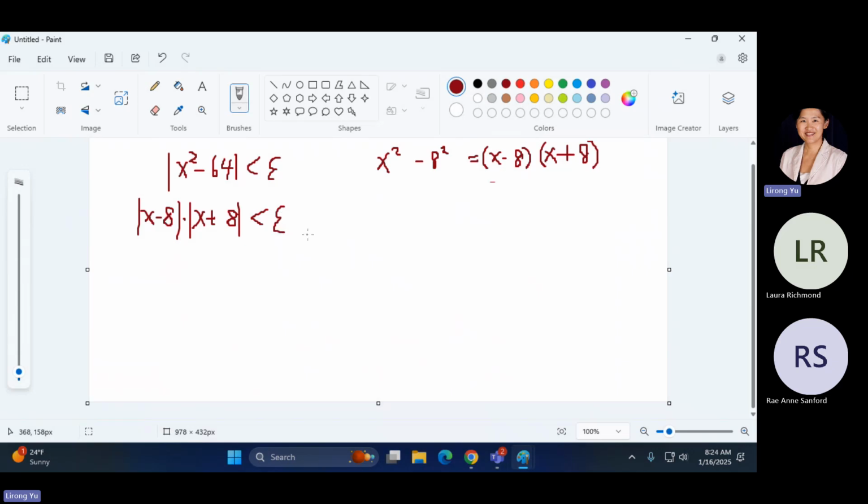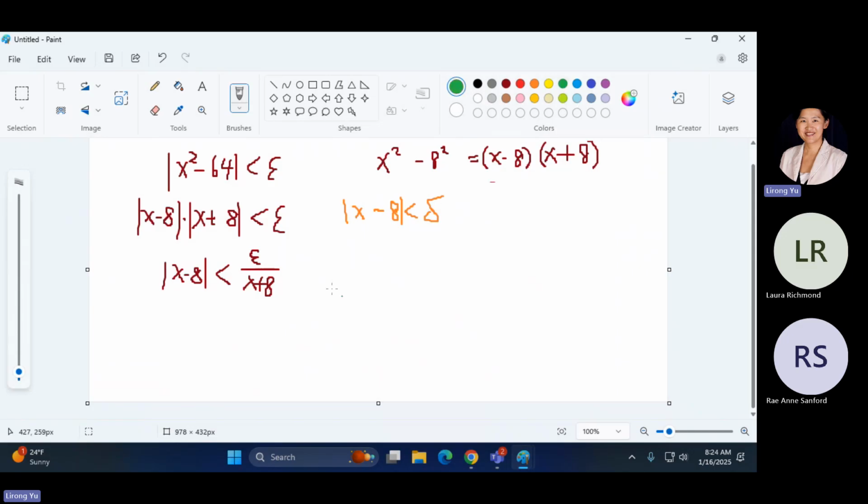Okay, so maybe we can use this for a multiplication or division format. And from this, because you know this is less than epsilon, immediately you can divide both sides by x plus 8. So you're going to have x minus 8 is less than epsilon over x plus 8. Right, this echoes the intended target, which is looking for absolute value of x minus 8 less than delta.